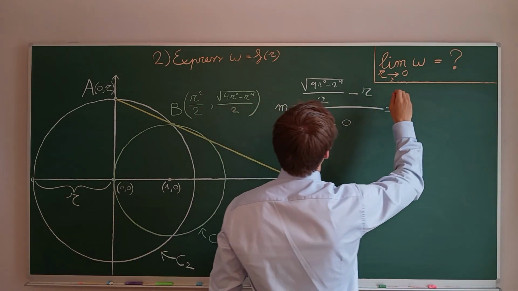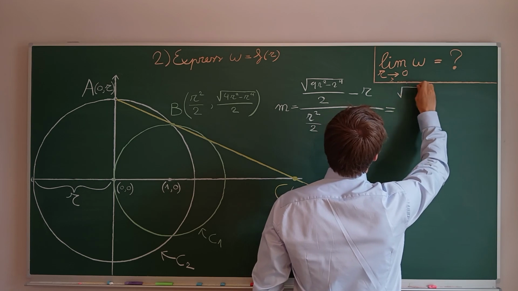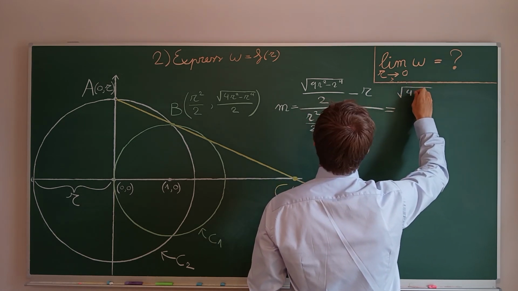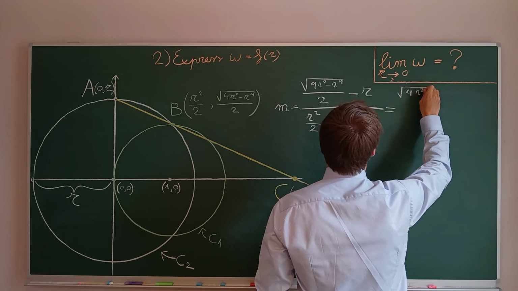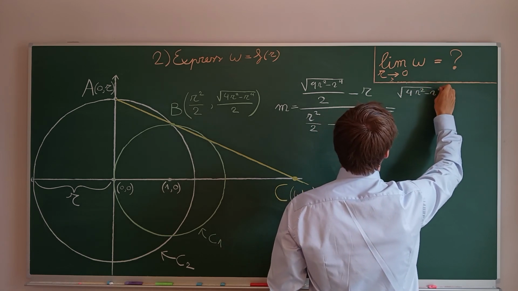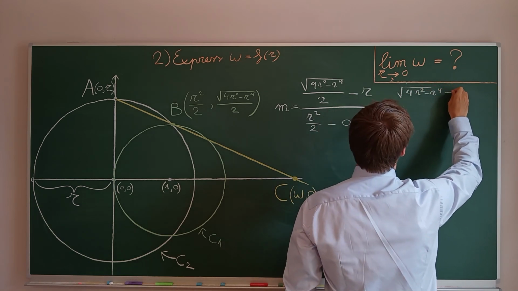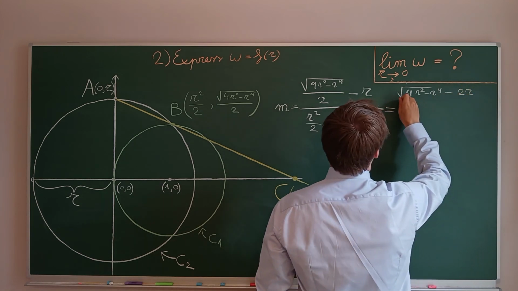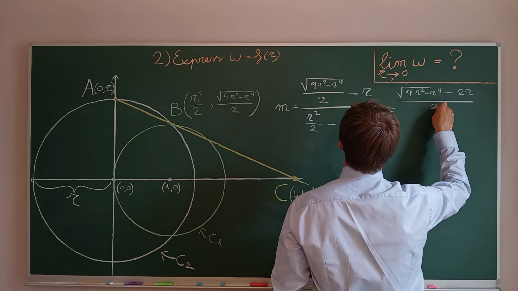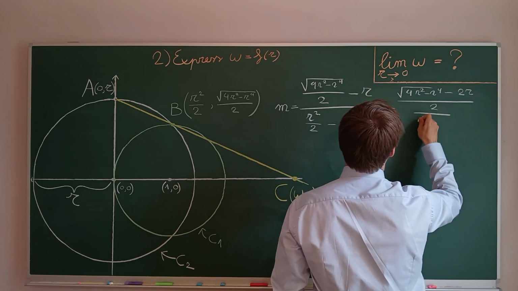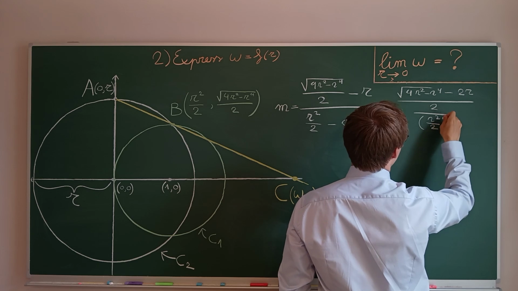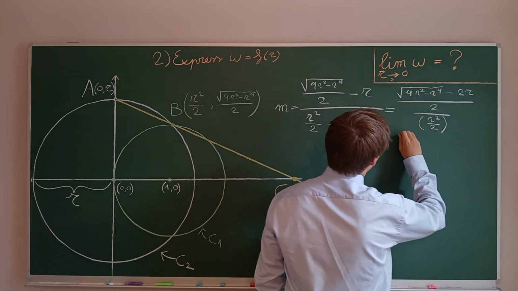So this will be equal to the square root of (4r squared minus r to the fourth) minus 2r, divided by r squared over 2, which is equal to the following.